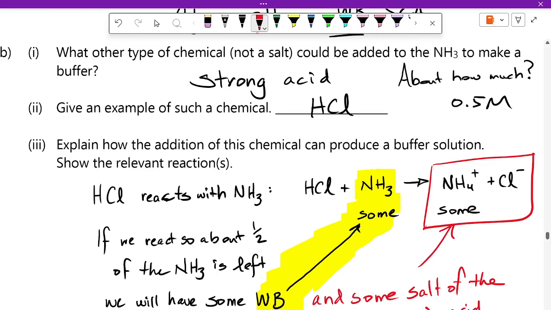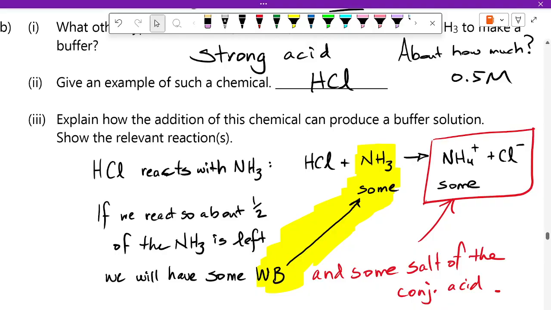Well, what we will end up with is the H+ will be all used up, right? And we'll end up with NH3 and NH4Cl.